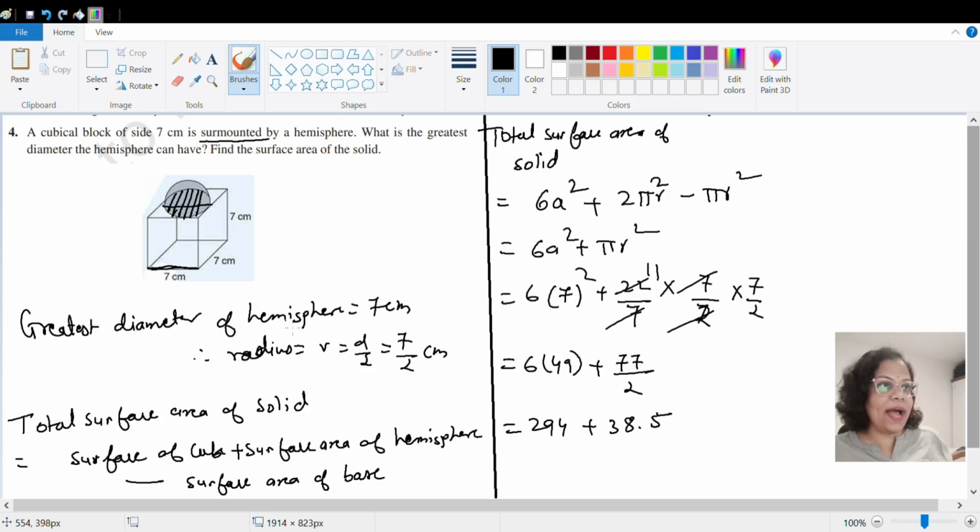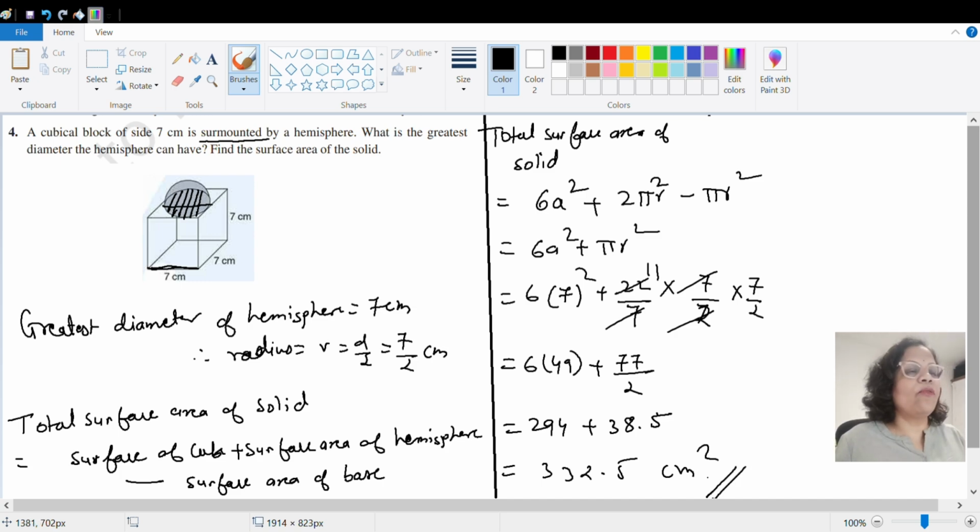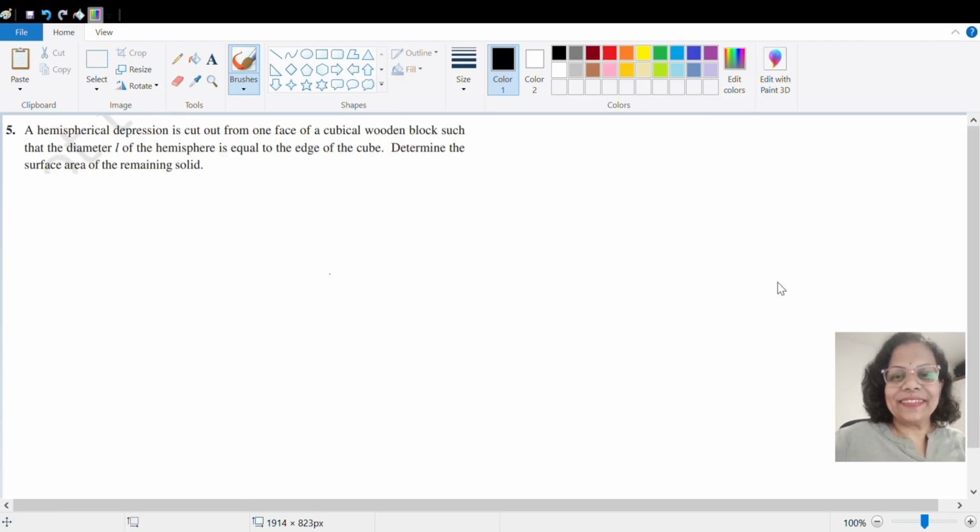So if you add this, it becomes 332.5 centimeters square. Okay, this is the surface area of the solid. I hope you have understood. Let's go to question number 5.